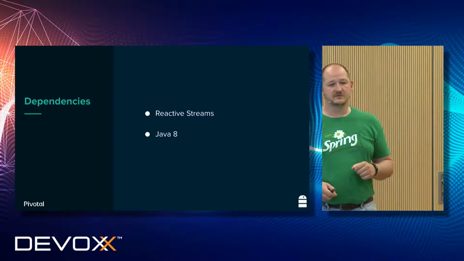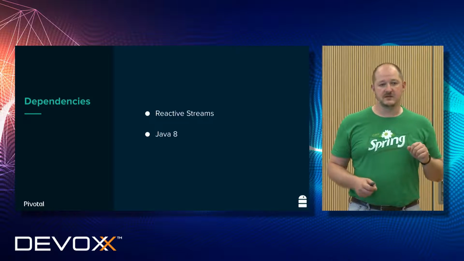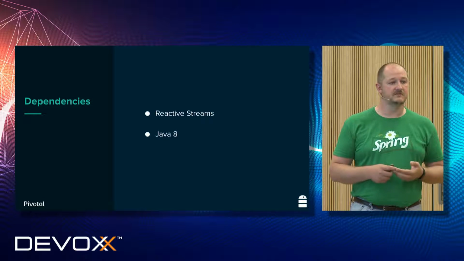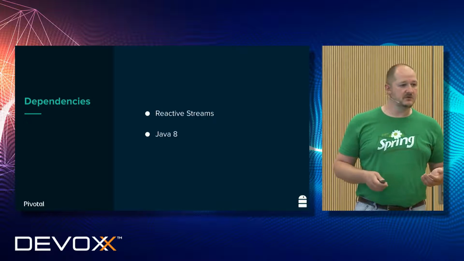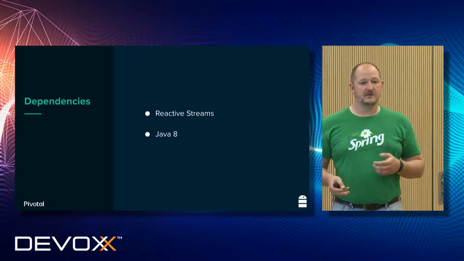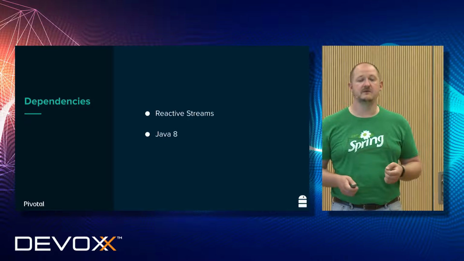Maybe we use a newer JDK in production, but still we want to lower the barriers to entry as low as possible. So the core idea was, okay, let's start out with Java 8 as a core dependency for R2DBC. And since we are talking about reactive programming, and there is no reactive programming API baked into Java 8 yet, we have to rely on Reactive Streams.